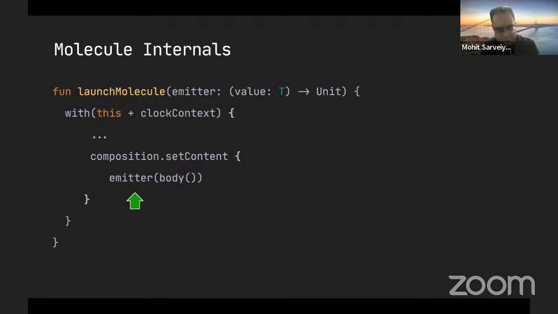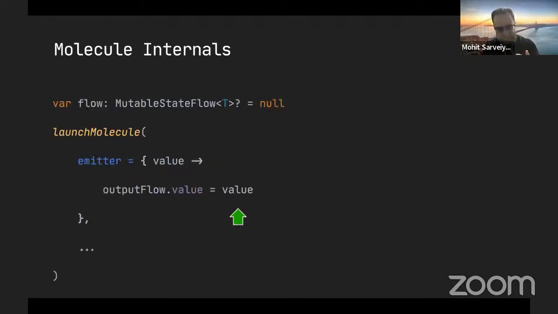Every time a recomposition happens, like this composable method emits something, it is going to push off to this callback a new emission. And then it creates a state flow for you underneath the hood. And it's going to push to this state flow a value in this callback that gets emitted. And this state flow is returned to you that you could then collect from. So any time recomposition happens, this launch molecule method's emitter is getting called and pushing it to the state flow.